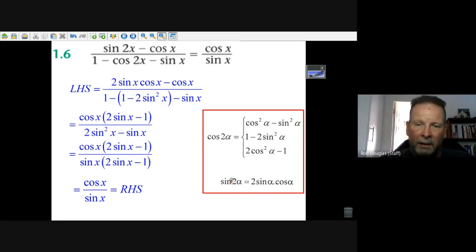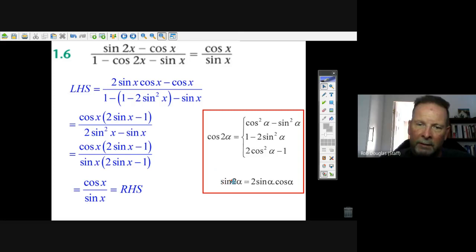There's your formula: if you see the sine of twice an angle, you can write 2 times the sine of the angle times the cosine of the angle. So you get a mark for just taking sine 2x and putting 2 sine x cos x. You're locked in there.